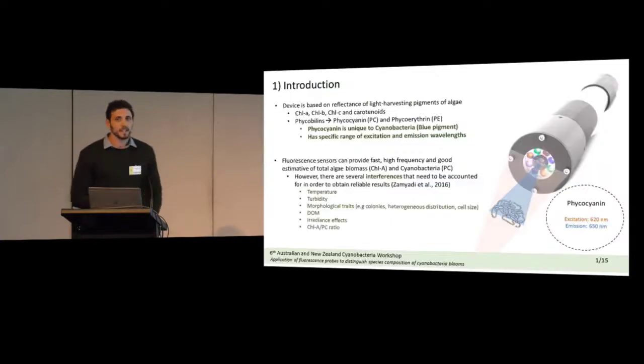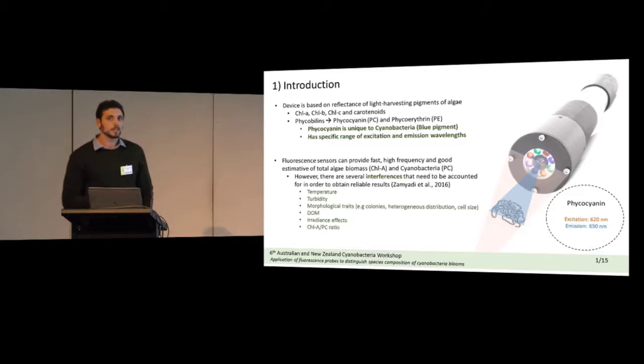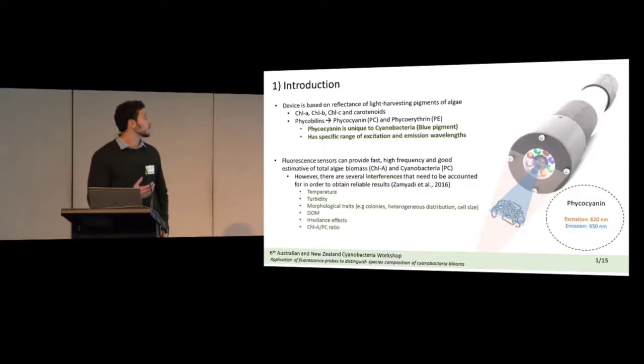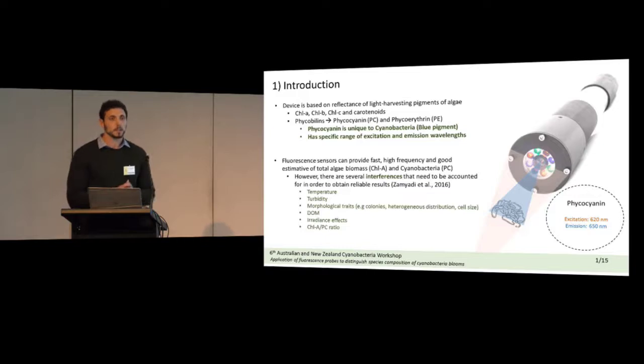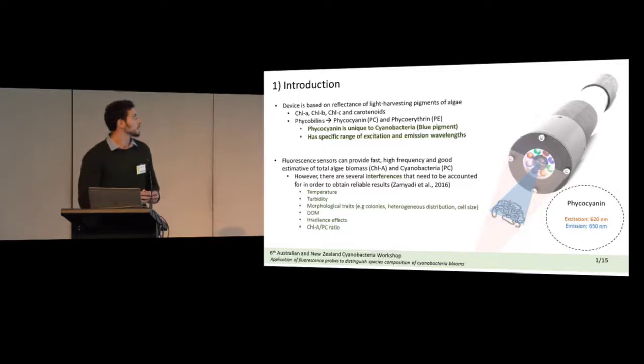I was lucky enough that Florence and Sarah have already talked a little bit about fluorescence probes, so I can go super briefly and quickly about this. What are fluorescence probes and how do they work? Basically, they work based on the reflectance of light harvesting pigments of algae, such as chlorophyll A, B, C, carotenoids, and phycobilins.